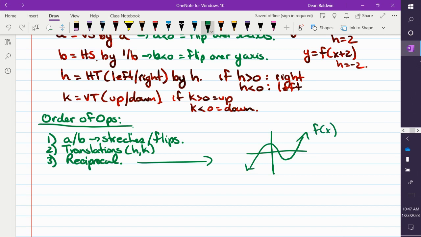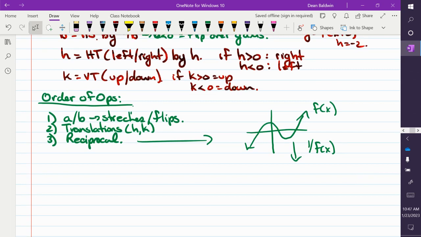And you're going to do a reciprocal transformation, which is 1 over f of x. I'm going to have to label these A, B, C. What happens when you do a reciprocal transformation? What happens at the x-intercepts? You get asymptotes at the x-intercepts, right? Because they have a y value of 0. It's 1 over that value.